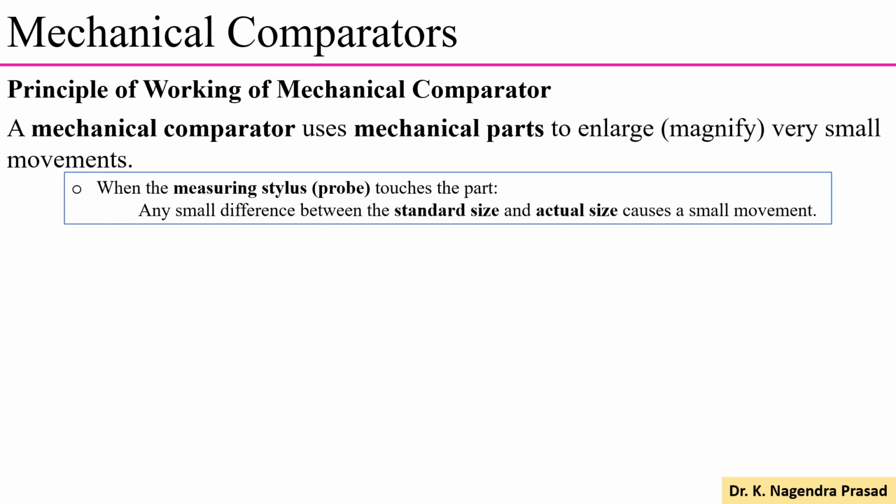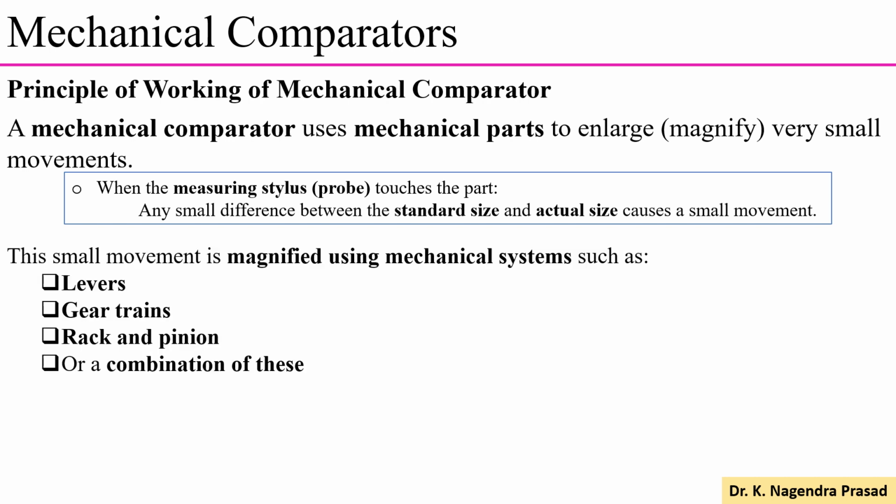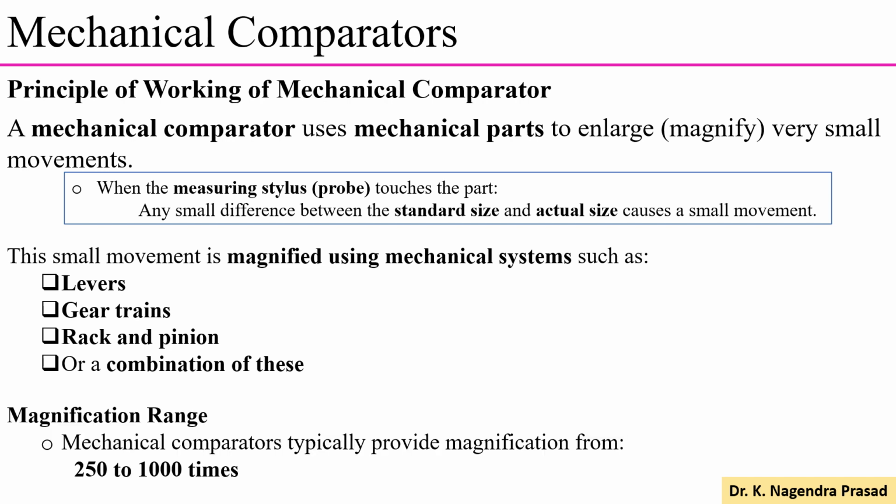This small movement is magnified using mechanical components, and so we call it a mechanical comparator. The movement is magnified using mechanical systems such as levers, gear trains, rack and pinion, or a combination of these. The range of magnification of mechanical comparators is, in general, 250 to 1000 times.